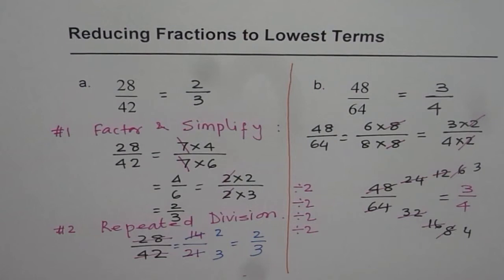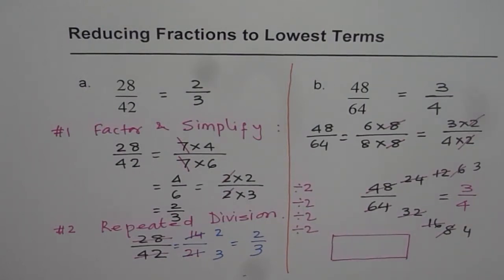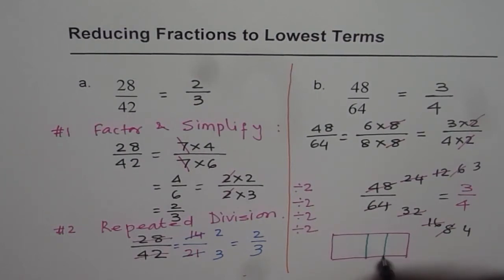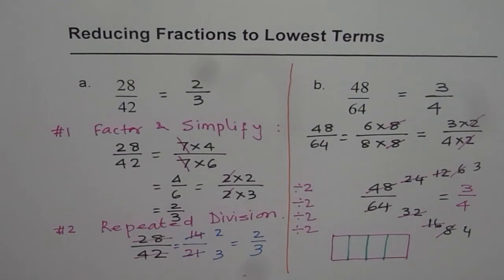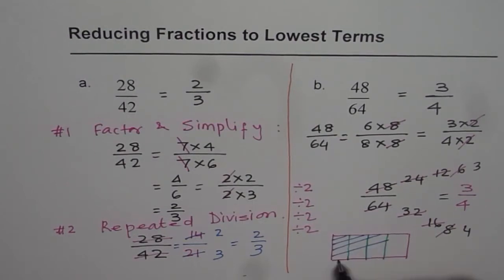And let us also understand what it means. 3 out of 4. 3 out of 4 means what? If we have, let's say a rectangle here, and if I divide this rectangle into 4 equal parts, think that there are 4 equal parts, then 3 out of 4 really means that we take away 3 parts out of 4, right? So that is what is 3 out of 4.